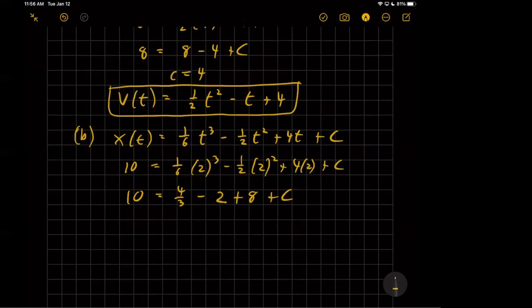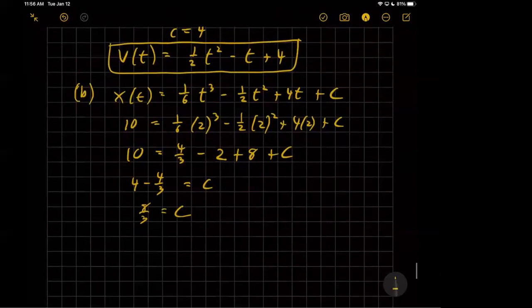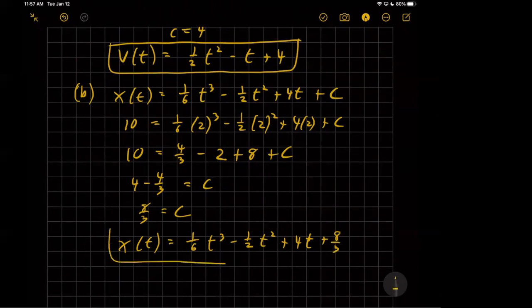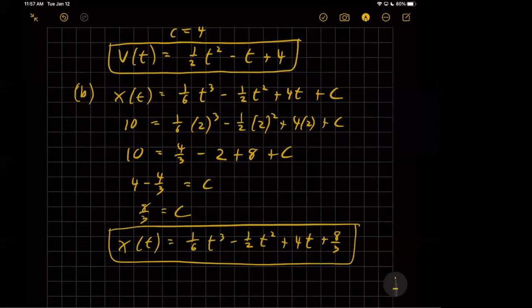Okay, so let me get this right. 10 minus 8 is 2, plus 2 is 4, minus 4/3 is equal to c. So that's 12/3 minus 4/3, or 8/3. So c is equal to 8/3. That would be meters. We're putting units on that. But now I can say x of t is equal to 1/6 t cubed minus 1/2 t squared plus 4t plus 8/3. So that would be an expression of position over time.